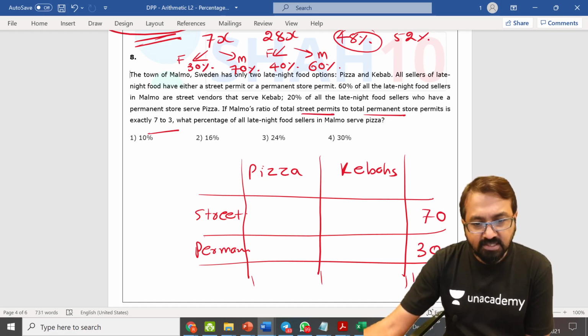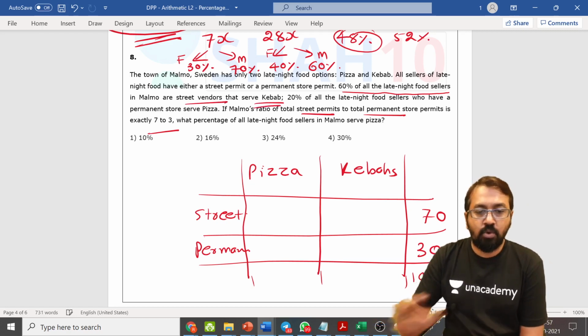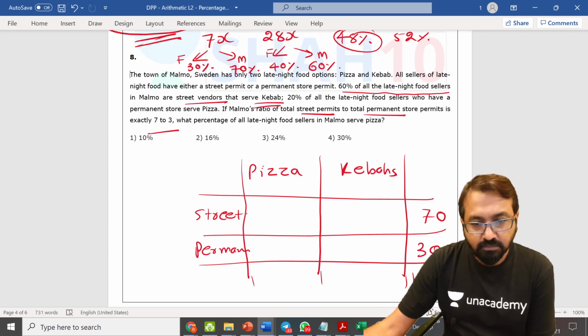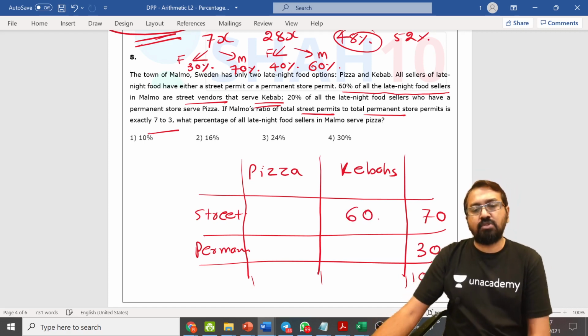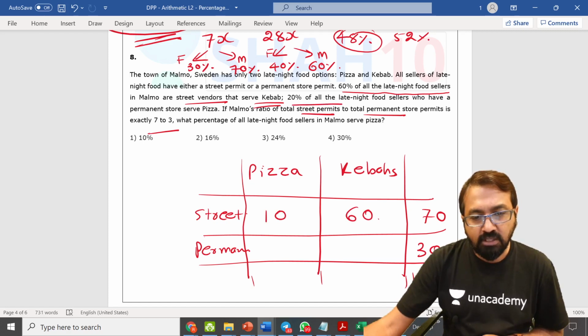Now what they are saying is 60% of all late night food sellers in Malmö are street vendors that serve kebab. Okay, street vendors that serve kebab. Right. So this is 60. This is what it says. So definitely this will be 10. And 20% of all the late night food sellers who have a permanent store serve pizza.